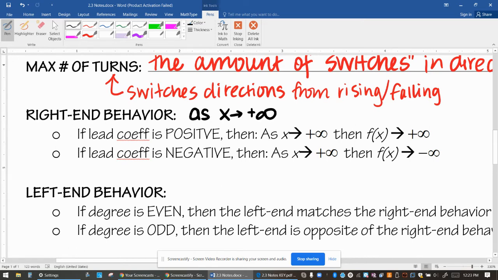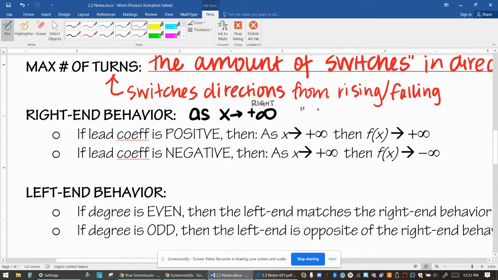It means as I move to the right on the x-axis, so positive infinity is on the right. As I move to the right on the x-axis, what is happening to the f of x values, which are your y values? Okay, so again, you're always going to start with as x approaches infinity because that's the right. Positive infinity is on the right when you're looking at the x-axis, okay?